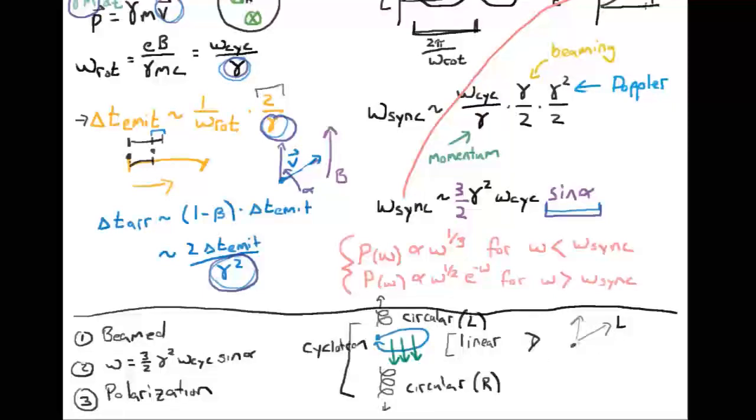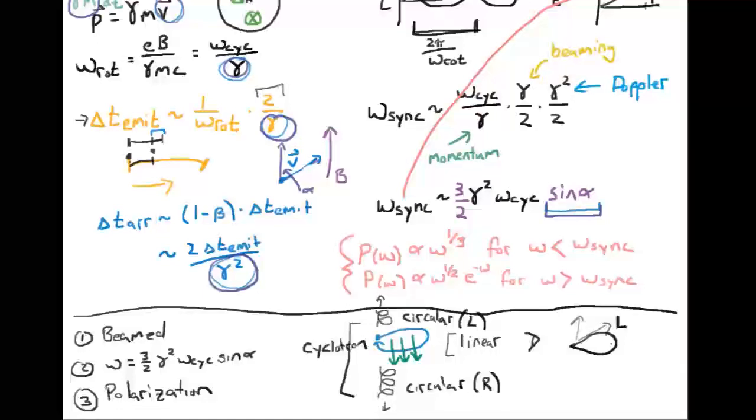So if this right here is our electron with its relativistic beam over here, the top edge of that is going to be left-handed circularly polarized. Edge on, that beam will see linear polarization, and along the bottom edge of that relativistic beam, we're going to see our right-handed circularly polarized emission.